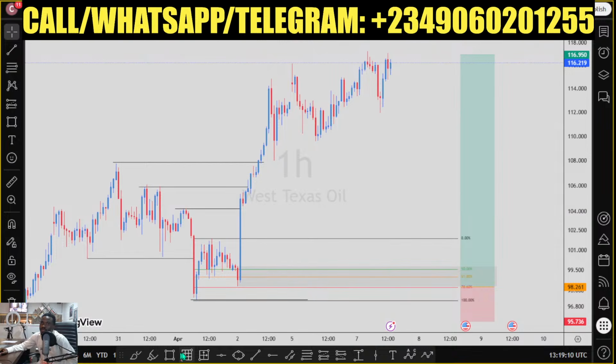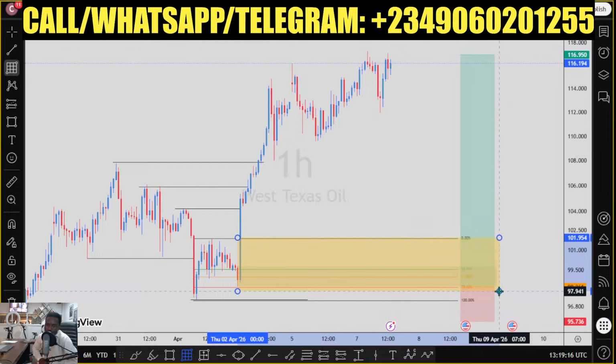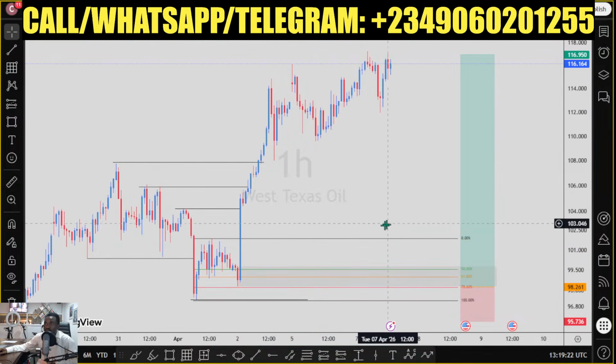So in summary, demand comes in on US oil at these yellow zones. So if you are to be a trader right here in this market, those are the ways you should be looking at for possible opportunities. Doing against this, trying to short right here, you may be lucky, but it's a very risky setup.